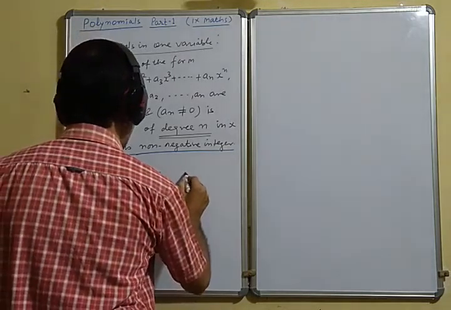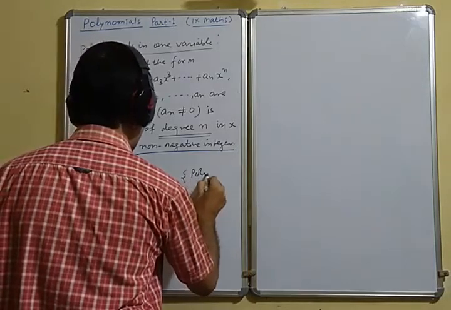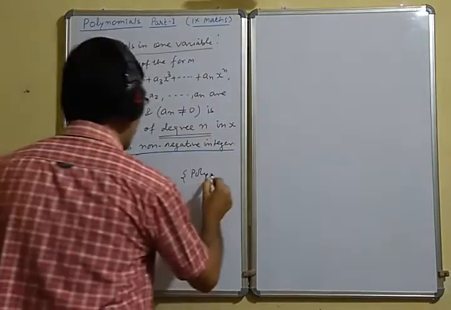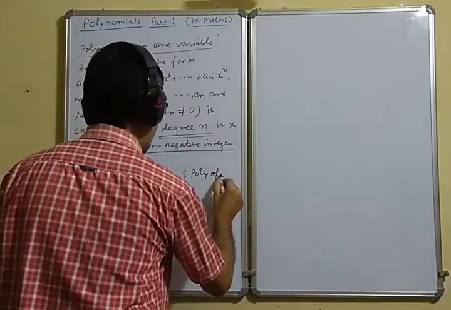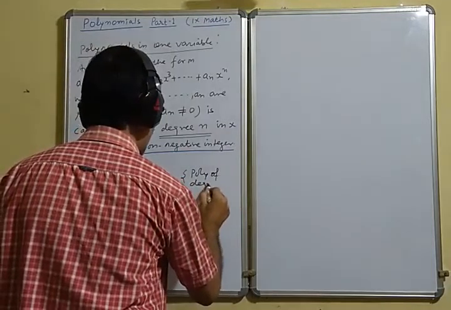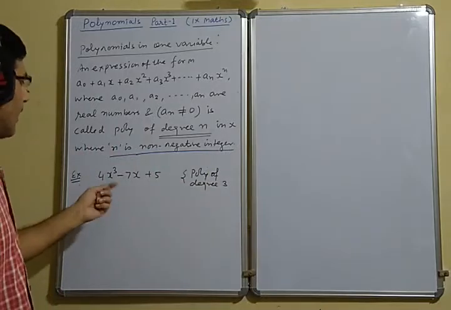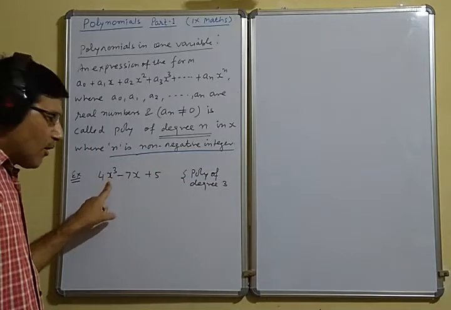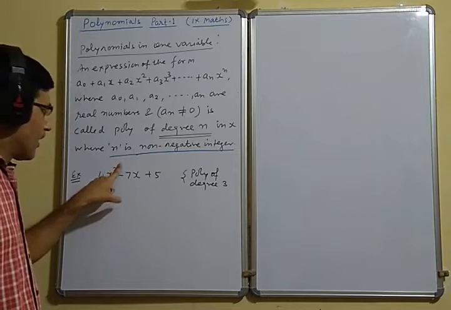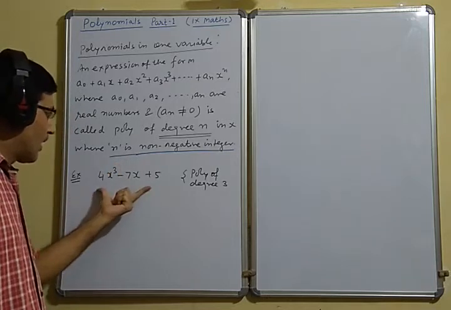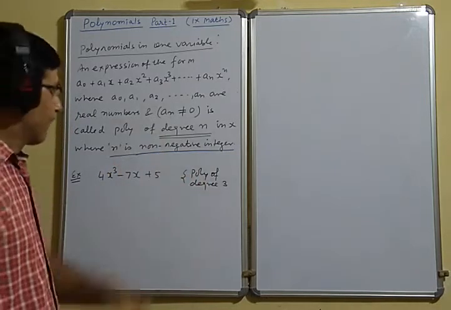It is a polynomial of degree 3. Polynomial of degree 3. So the highest order of x is 3. So this is a polynomial of degree 3.